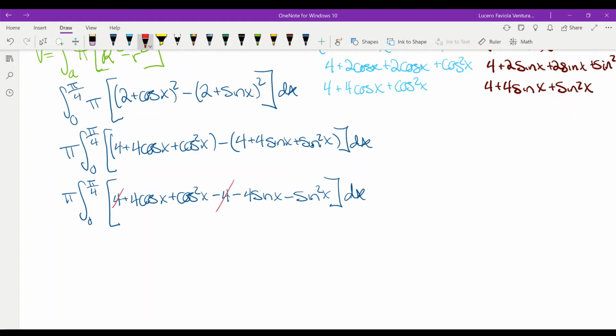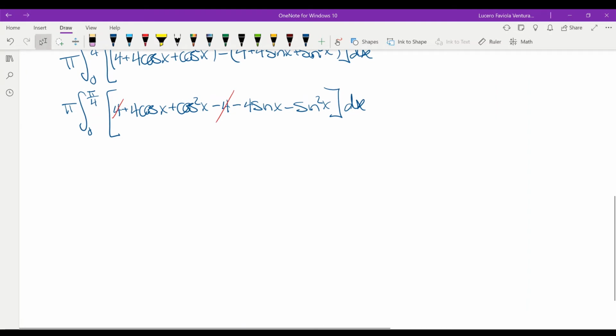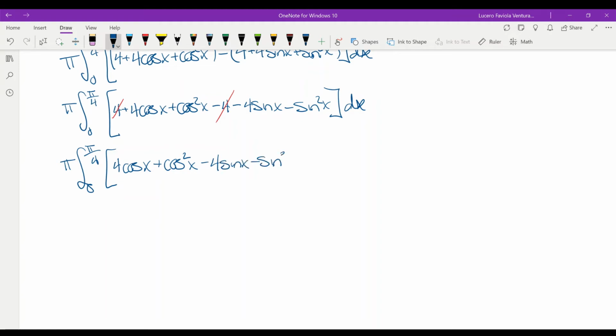And from here, we can combine like terms such as the 4 and the minus 4. And we write it as pi times the integral from 0 to pi over 4, and then in brackets, 4 cosine x plus cosine squared x minus 4 sine x minus sine squared x dx.